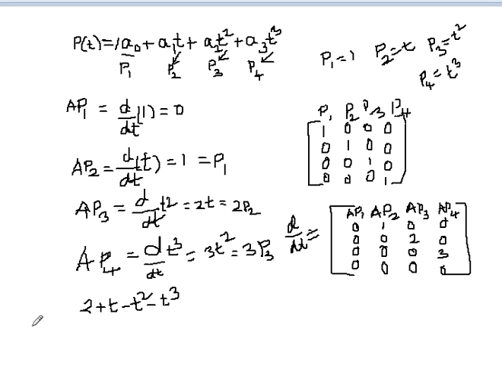Let's call this equation P. When this is differentiated, d by dt of P is equal to, we know, the differentiation of 2 is 0, differentiation of t is 1, then minus 2t and minus 3t square.